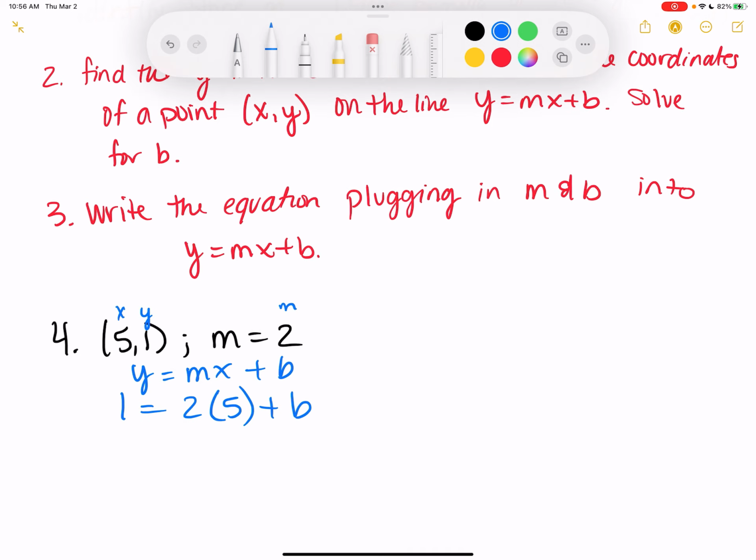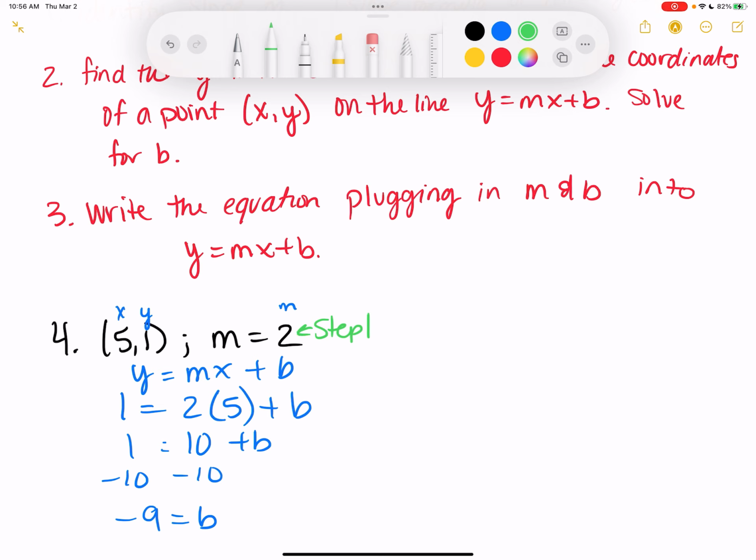So 2 times 5 is 10. So I have 1 is equal to 10 plus b. I need b by itself, so I'm going to subtract 10 from both sides. So 1 minus 10 would be negative 9. So that's my intercept. That's step 2. Step 1 was given to me.